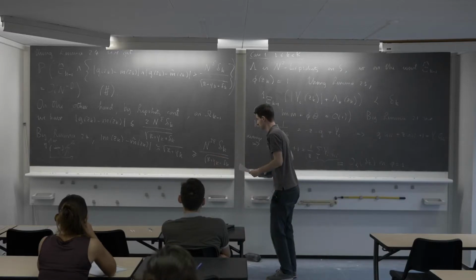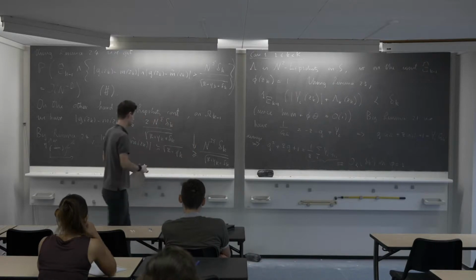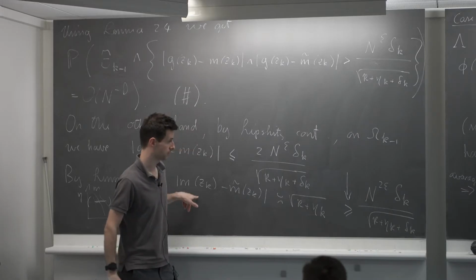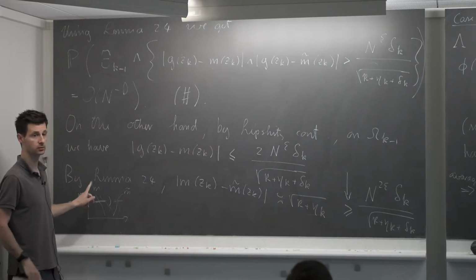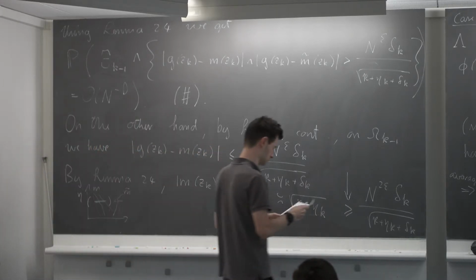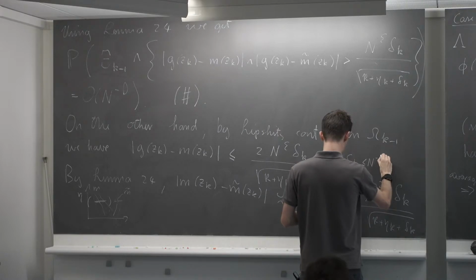So this inequality is not always true. The separation between these 2 points is not always much bigger than this quantity. It is bigger precisely by definition of case 1. I've erased it now, but I hope you remember it.